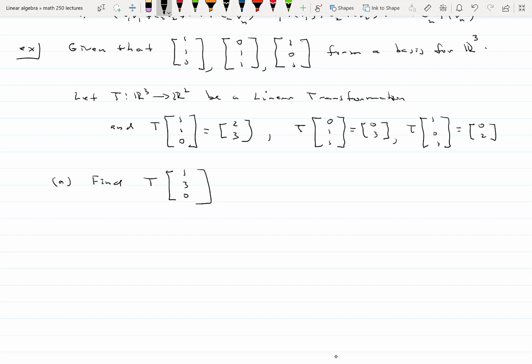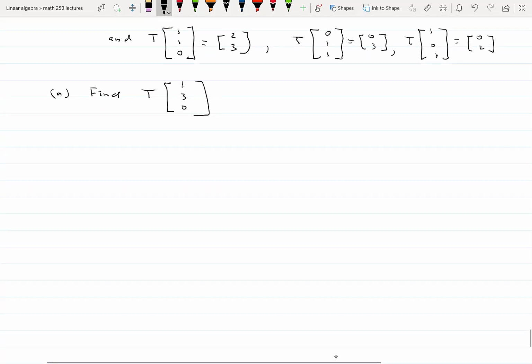I don't have a formula for T. All I know is what T turns the basis vectors into, and just knowing that, I want to find T of something else. It turns out that if you know what T does to basis vectors, you can figure out what it does to any vector. That's what's going on here.